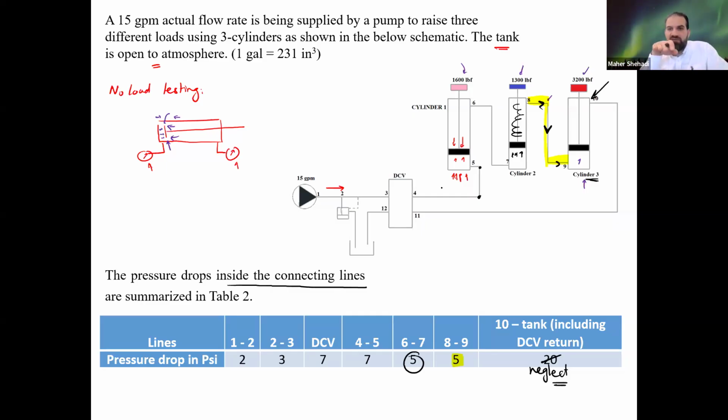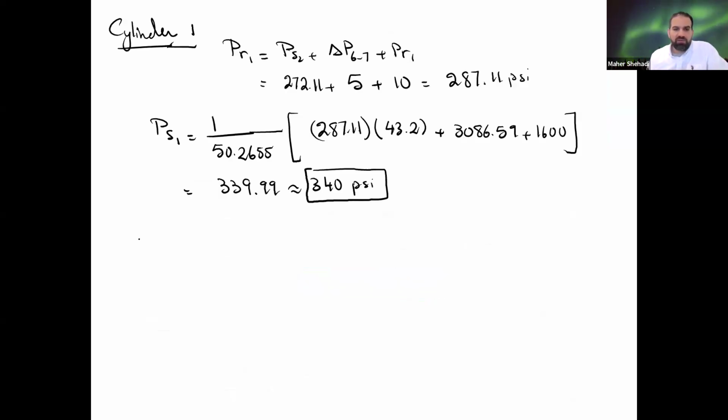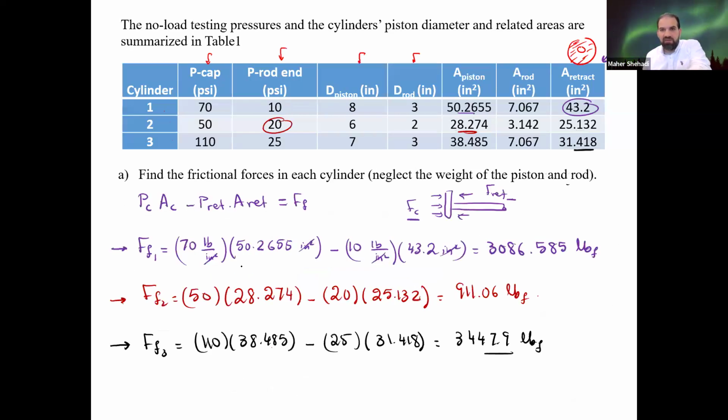Because now I have P5, that's the pressure needed to push cylinder one, for it to push cylinder two and three and push the oil back to the tank. But that's not the pump pressure. They're asking us to find the pump requirements, which is the pressure and then the power needed. So I will need to go back from P5 all the way to the pump. So P for the pump is P supply 1 plus delta P in the lines. What are the lines that we have?